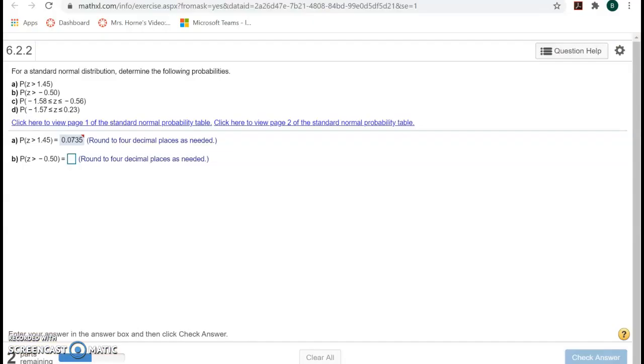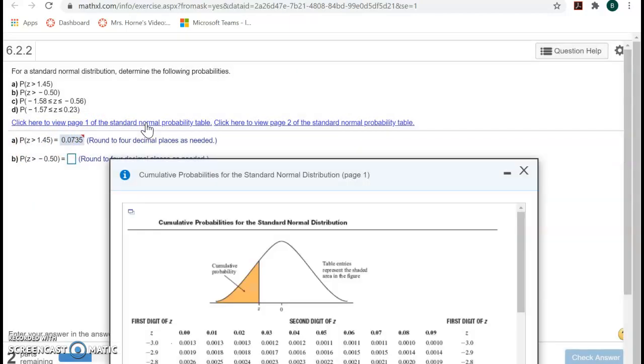So for this particular problem, how do you find the greater than side? That is what I just showed you: you find the less than side from the table and then subtract that from 1. So let's look up our table.